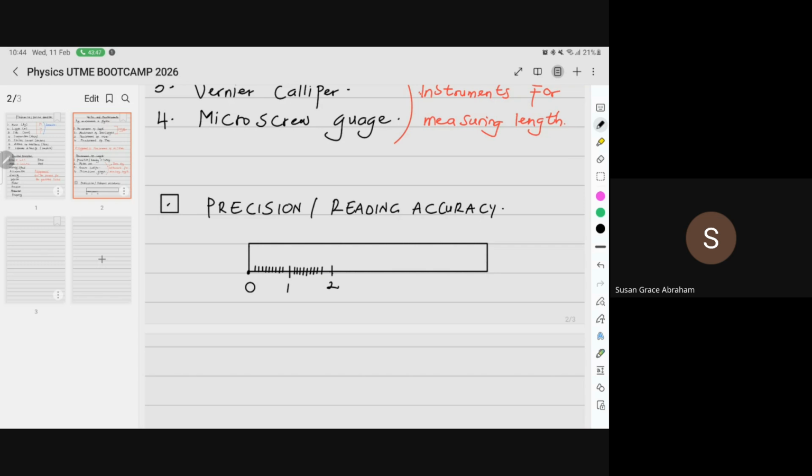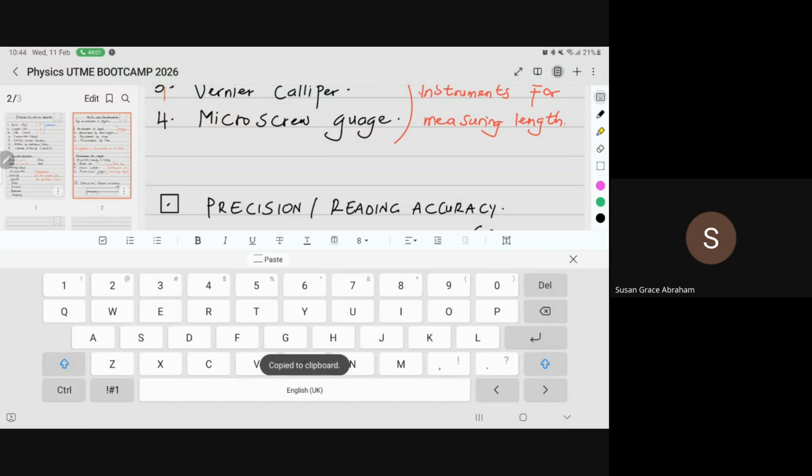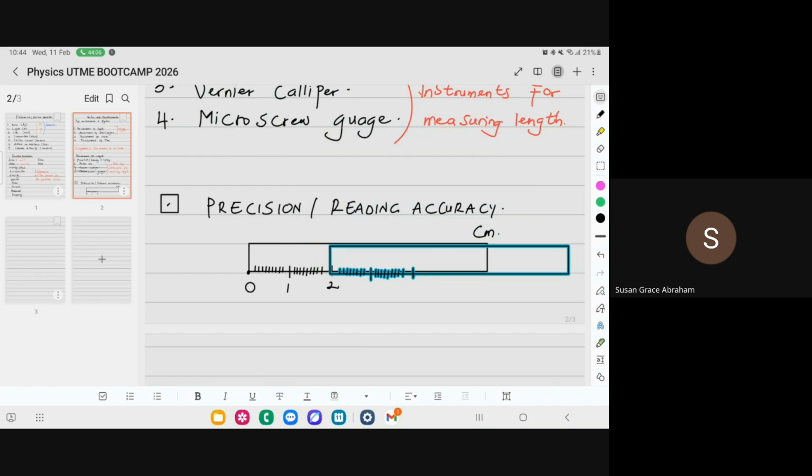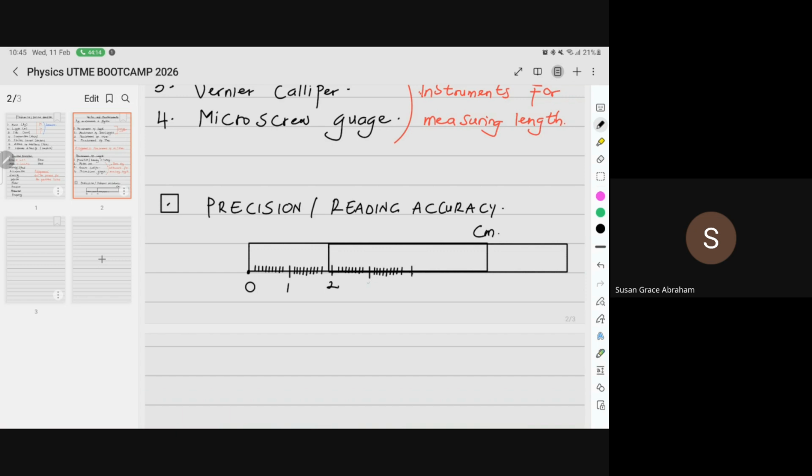I don't want to draw so much. This is in centimeter. So this ruler continues just the same way that we can actually see right here on the screen. Are we together? So now we have 3 right here. This is our 3. This is our 4, just that way. So 3, 4, and the rest of them.